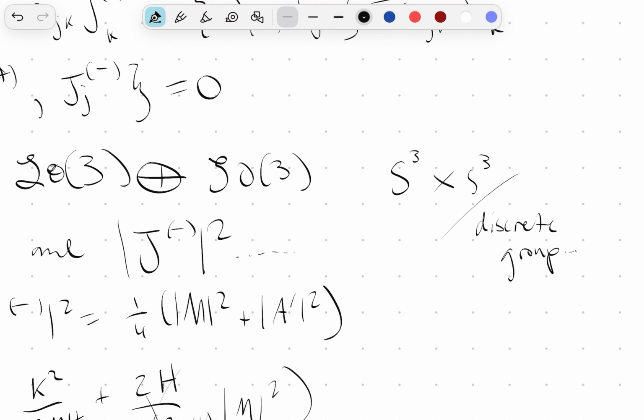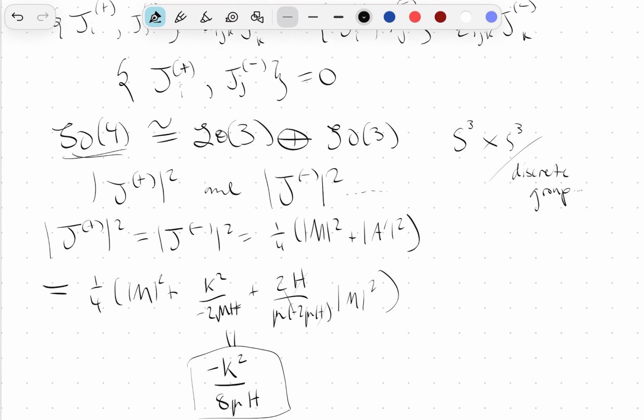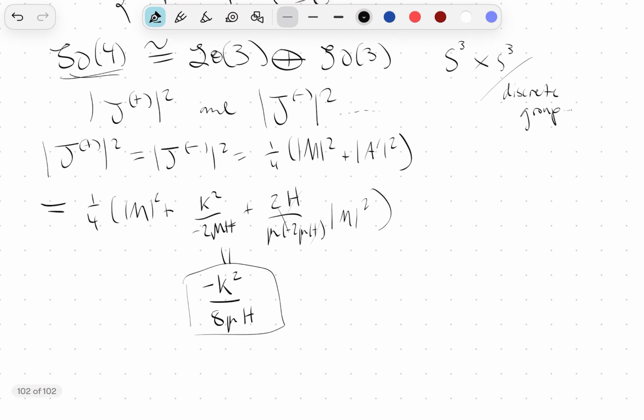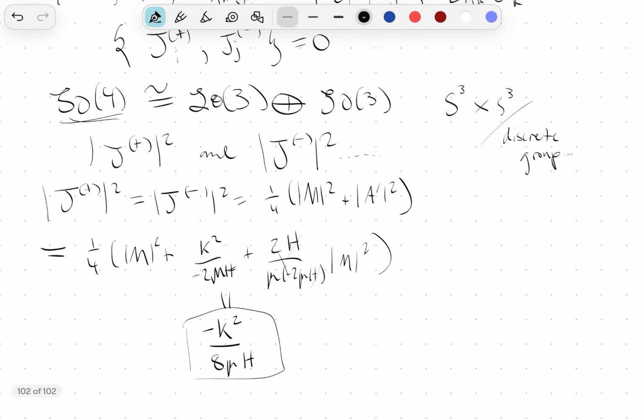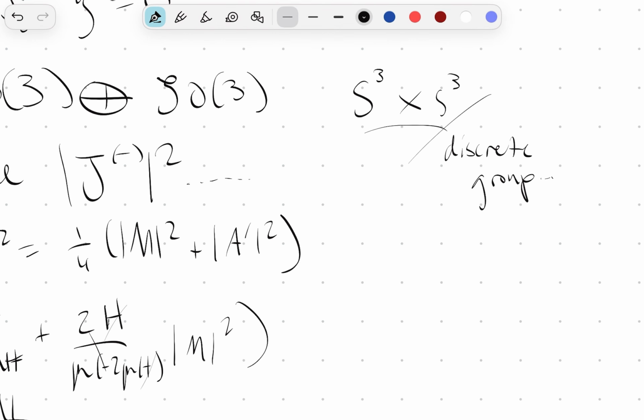Essentially a three sphere. And after we appropriately regularize it, the Kepler problem maps to a free particle on S3.